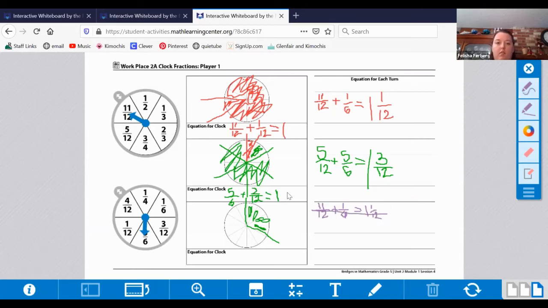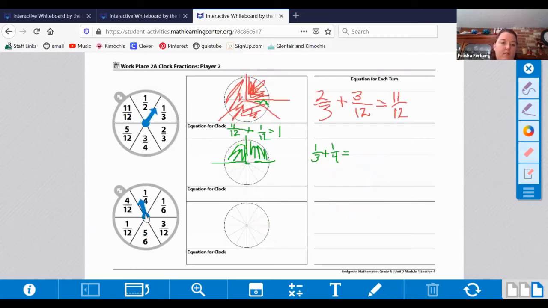All right, player 2, let's see if they can catch up. Spin, spin, and player 2 can't catch a break. 1/4 and 2/3. 1/4 plus 2/3. All right, so there's my 4th.